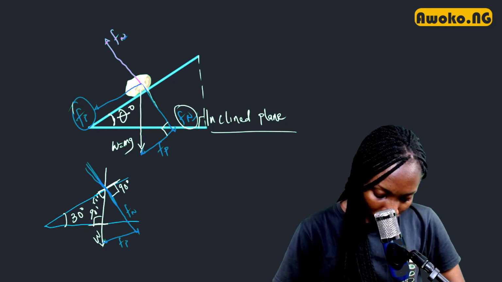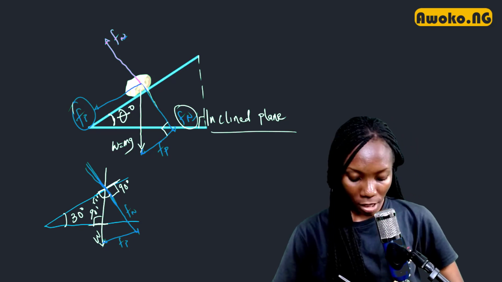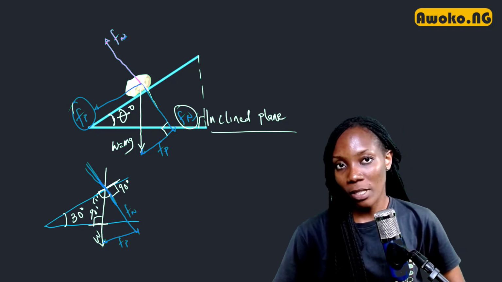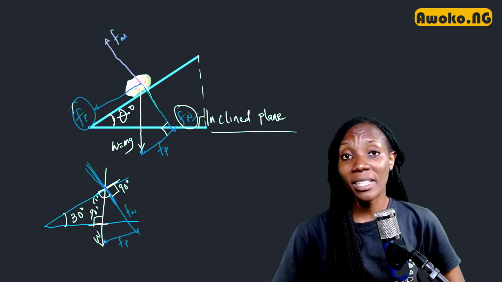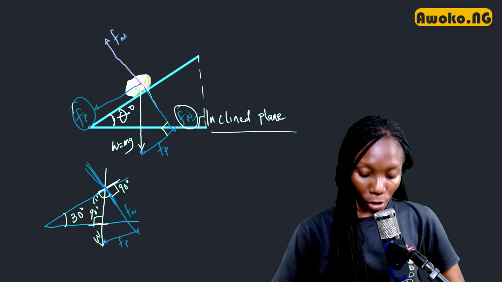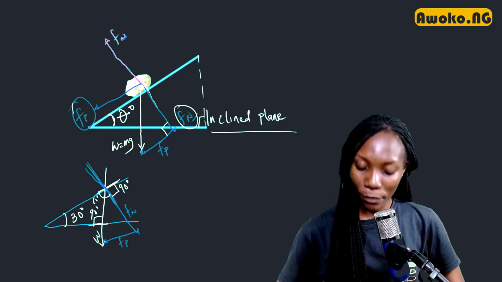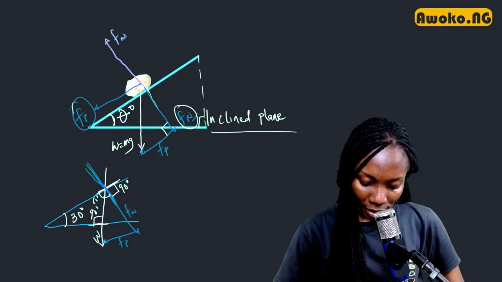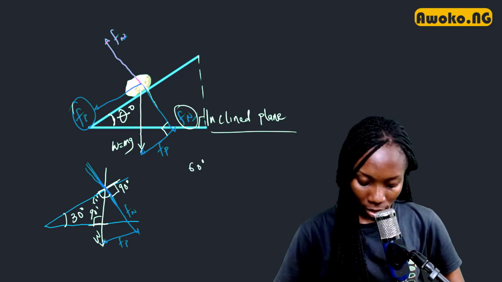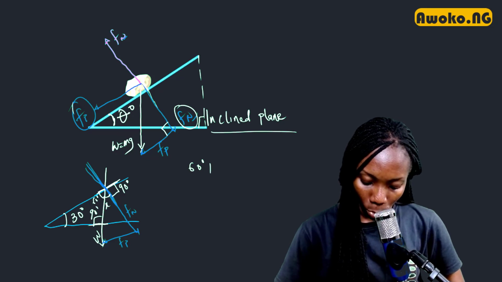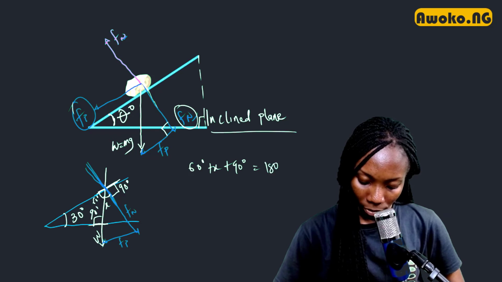And so what will be this point? Recall your basic knowledge in mathematics: the sum of angles at a point will also give you 180. So if you have 60 degrees, let's call this angle x again, plus x plus 90 equals 180 degrees.